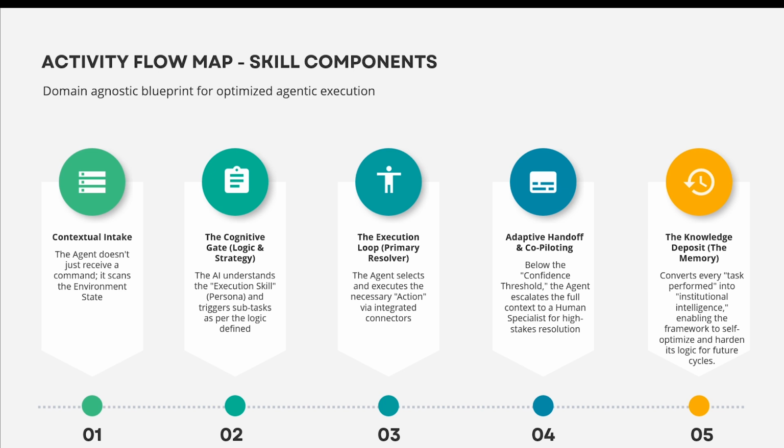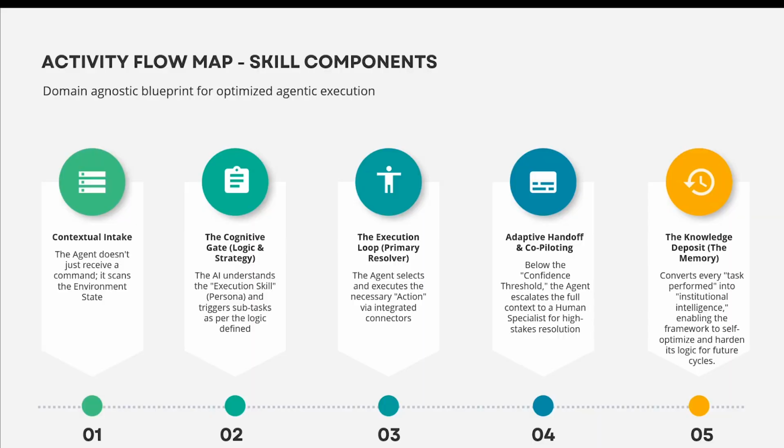This framework tool has multiple components which help your agentic AI workflow to get deployed in an IT landscape. For instance, it has a contextual layer which understands the existing IT landscape and gauges the upstream and downstream dependencies of all your tools and systems. Once it does that, it uses its cognitive gate to understand the business persona for which it wants to take action.